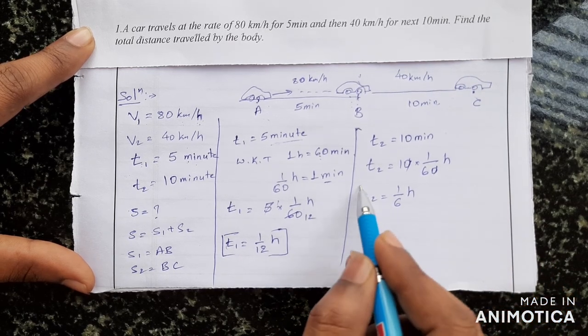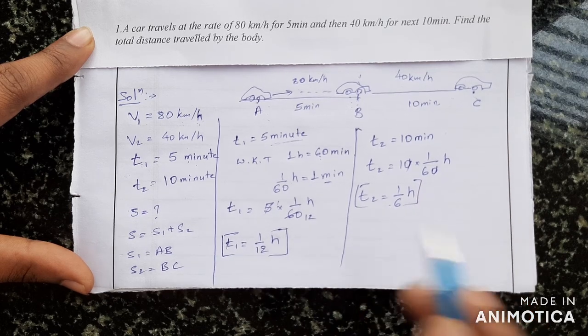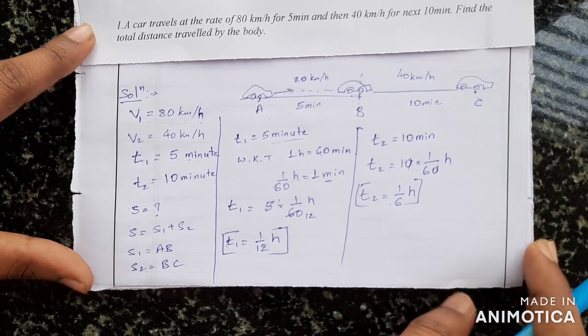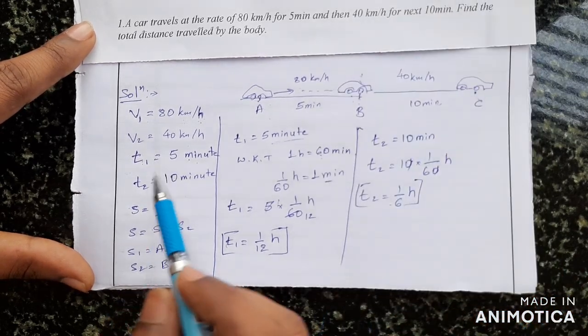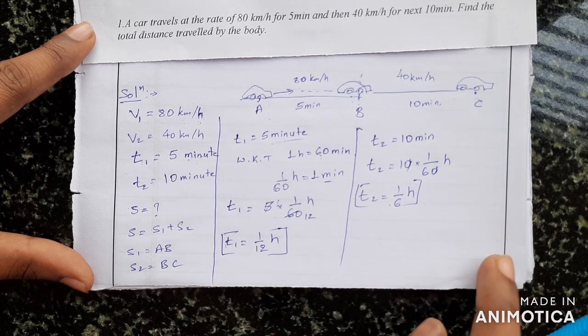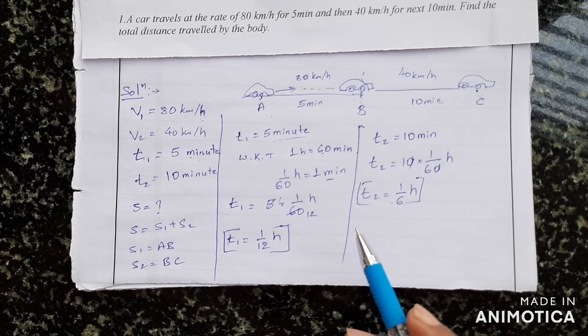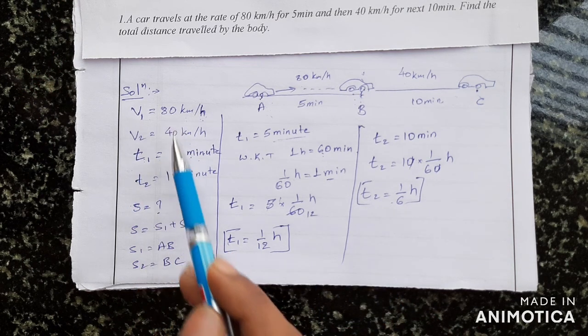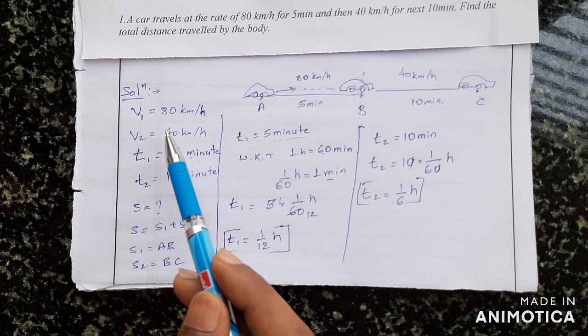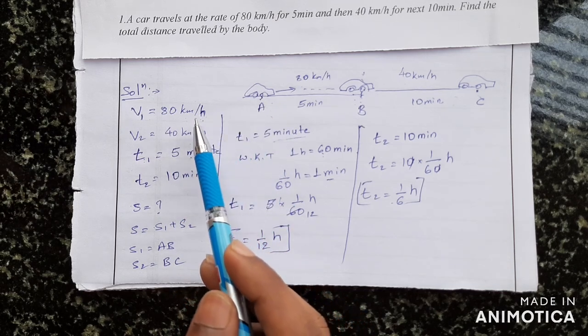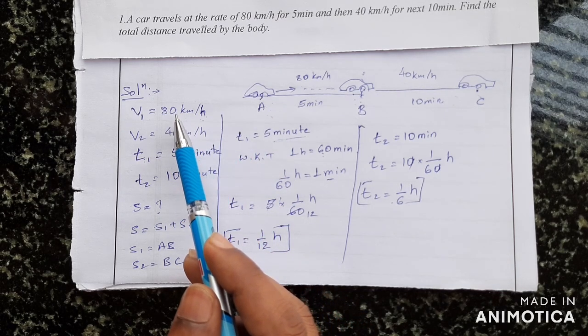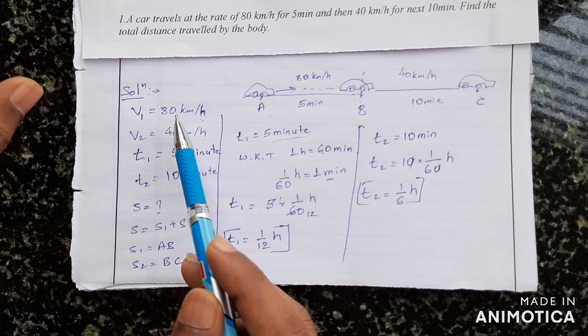So now we have T1, T2 expressed in terms of hours. Previously they were in minute and now they are in hour. V1, V2 are also in kilometer and hour. So don't need to bother about kilometer, let us keep it in kilometer itself.